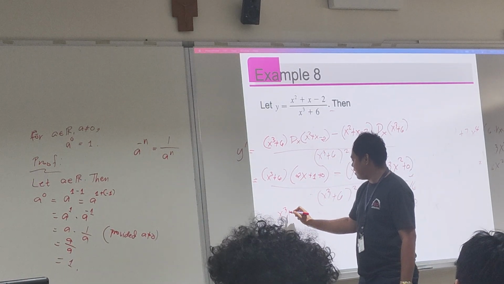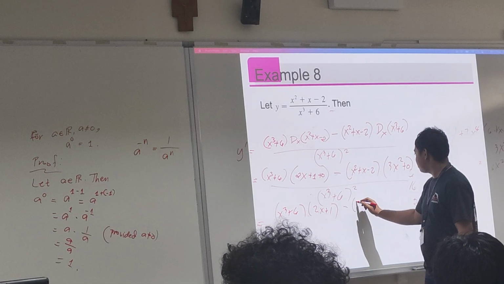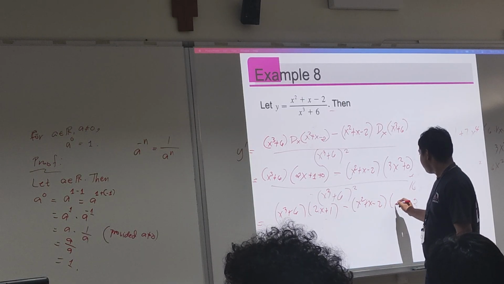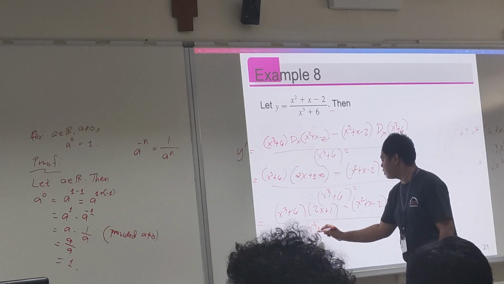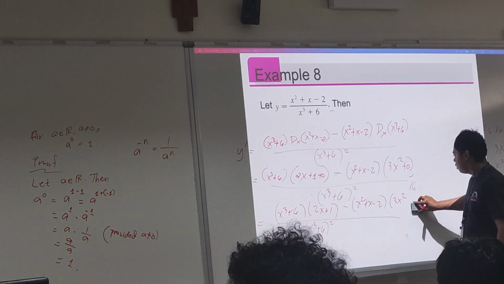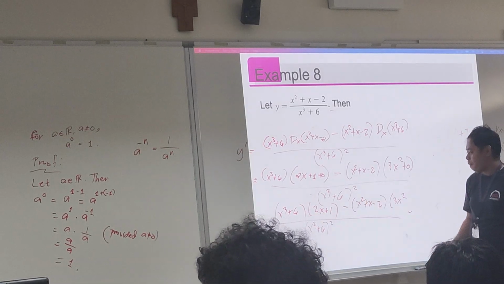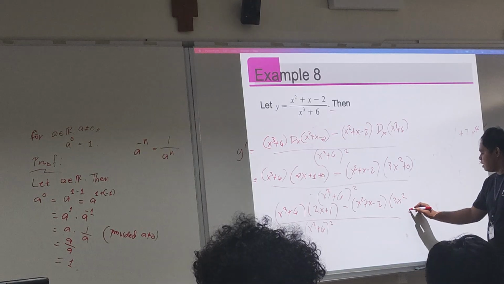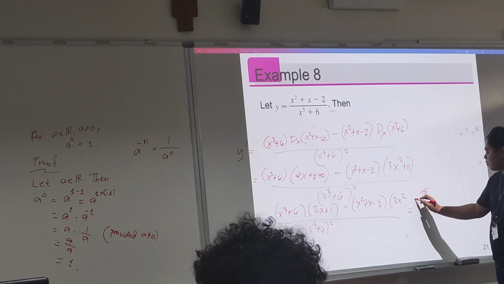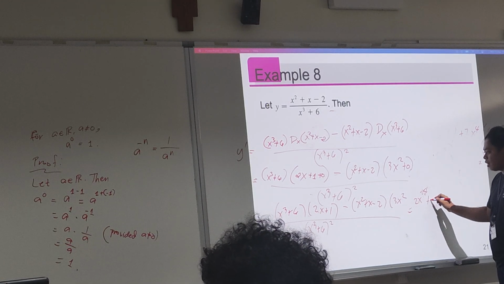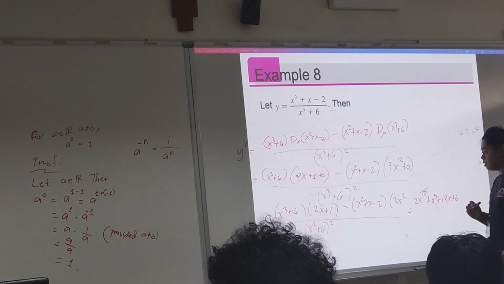So this is x cubed plus 6, and then you have 2x plus 1. Then this one minus x squared plus x minus 2 times 3x squared, divided by x cubed plus 6 squared. Next, what is the product of these two binomials? That is x to the 4 plus x cubed plus 12x plus 6.